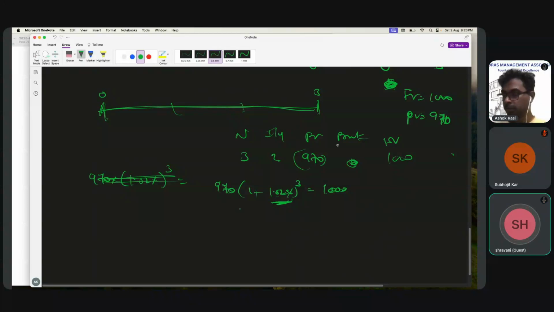Yes, sir. Okay. So this question can come. Yield on a zero coupon bond is also called the spot rate. Note down this statement.